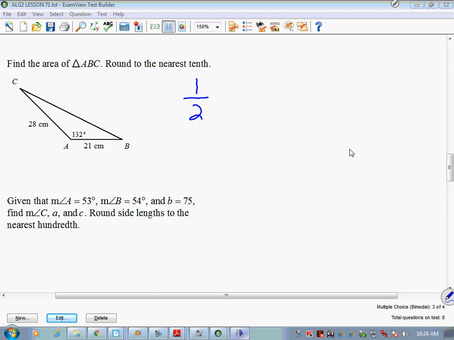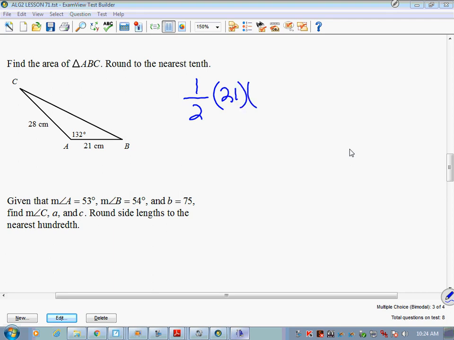Okay, so from the very first slide I gave you, we're taking 1/2 times what? My 2 outside sides, right? So we're doing 1/2 times, what did you say, Yaneth? 21 times what?